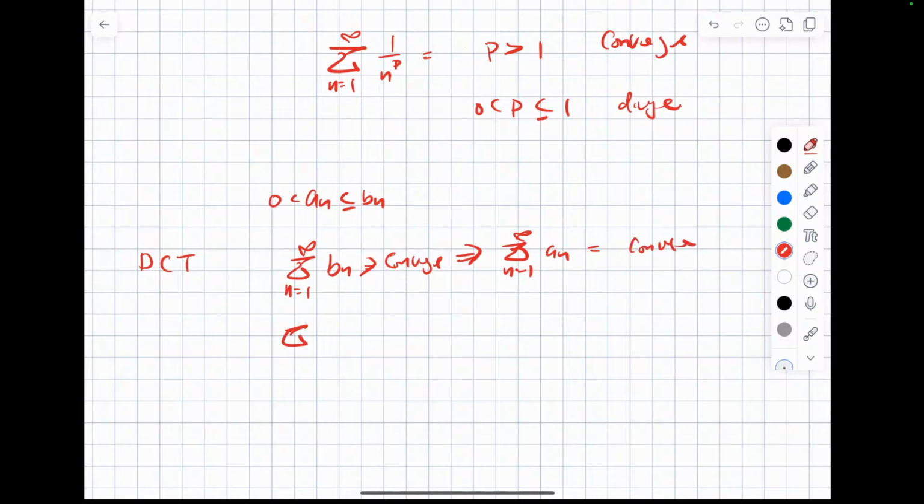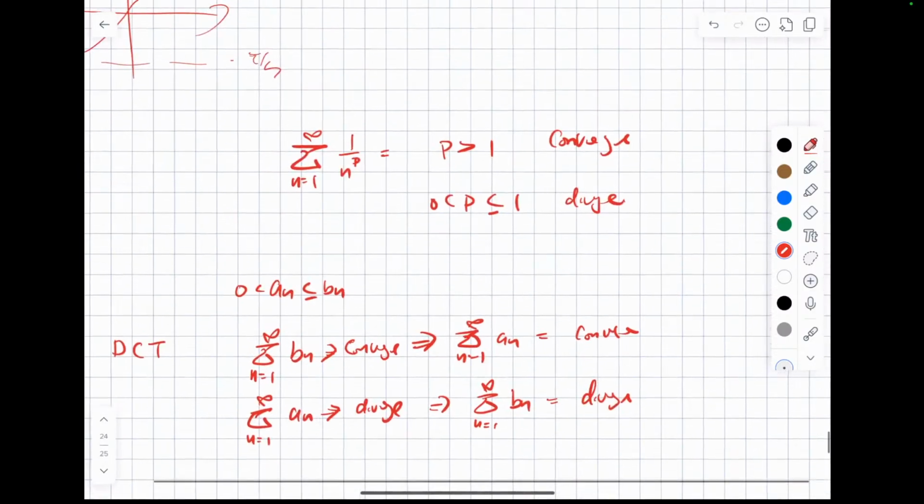If the series of a_n from n equals 1 to infinity diverges, what about the series of b_n? If b_n is greater, then it diverges, right?